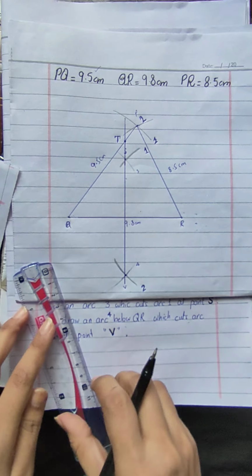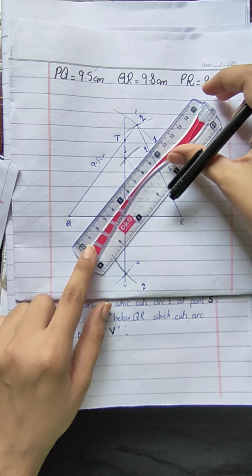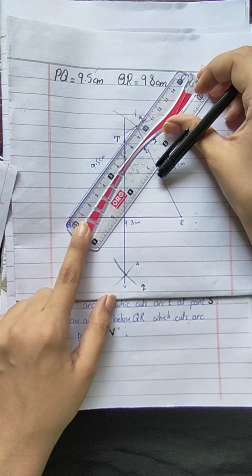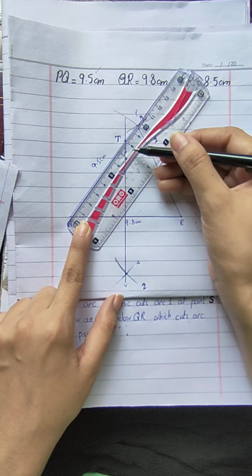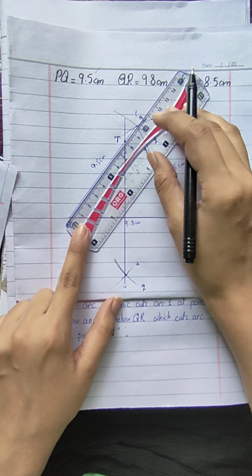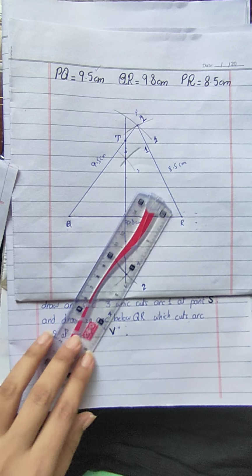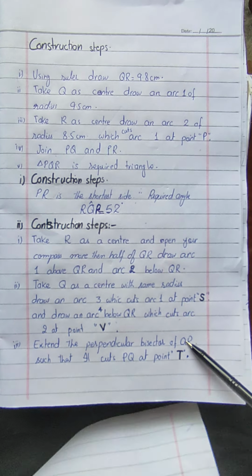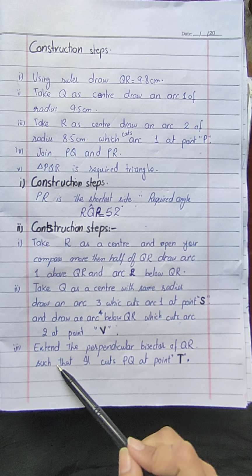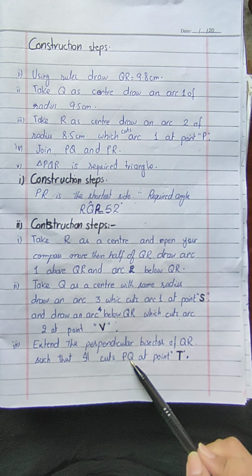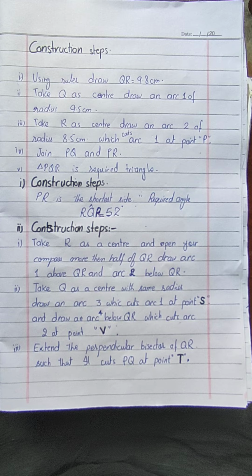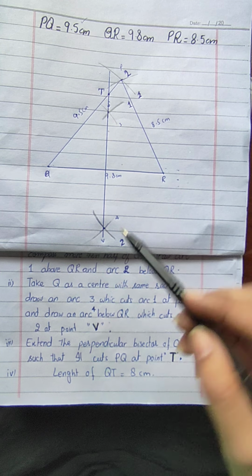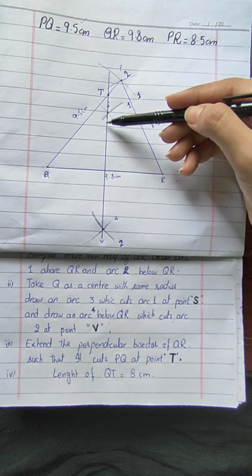Now we will measure the length of QT. And you can see it is approximately 8 centimeter. And this is our required answer. Extend the perpendicular bisector of QR such that it cuts PQ at point T. We extend this perpendicular line.